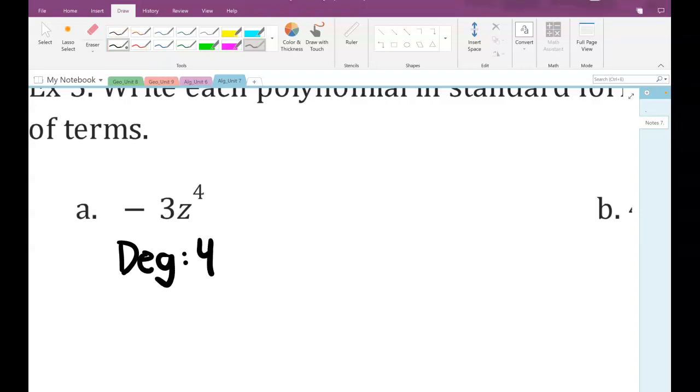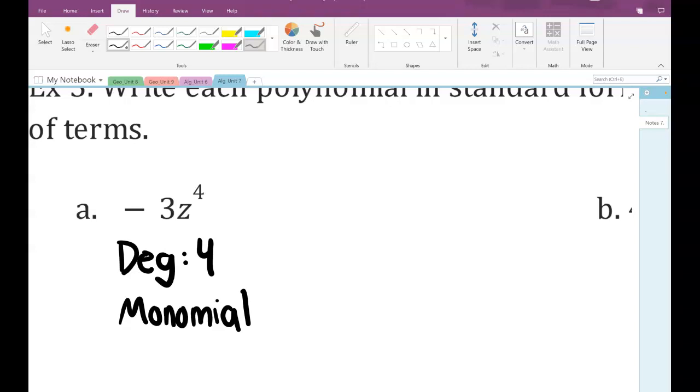It's already in standard form just because it's a monomial. We only really deal with standard form when we're talking about polynomials. Sometimes on the homework, if it asks you to rewrite it in standard form, it may already be in standard form. You don't have to change anything. Just know that.